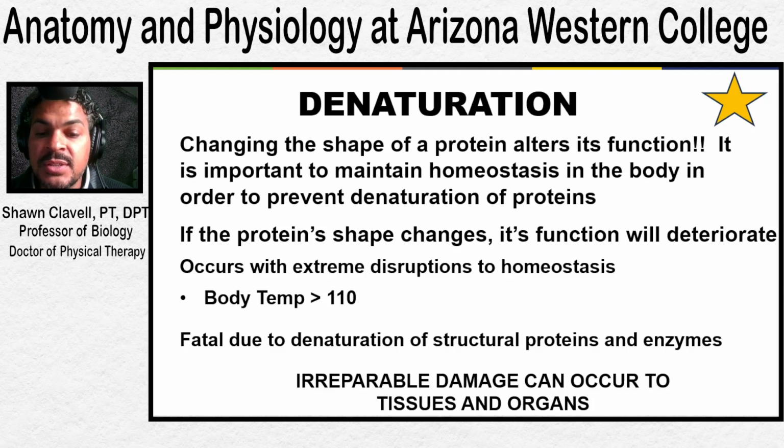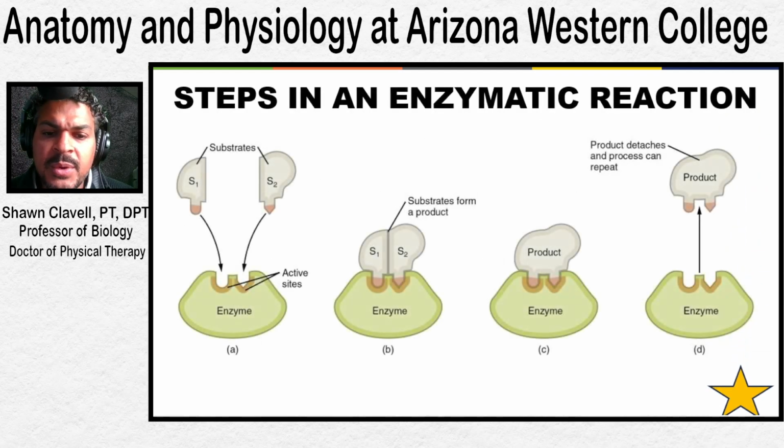Acids denature proteins through a change in pH, and this again changes the physical structure, breaks the bonds between those, and as a result, the shape of that protein is changed and the function of that protein changes. And an example that we often refer to here is that enzymes are made of proteins, right?